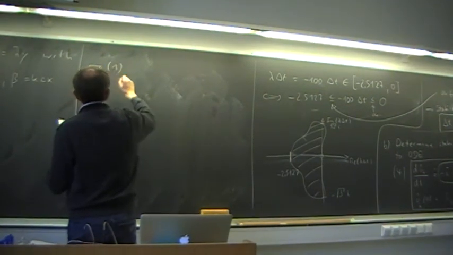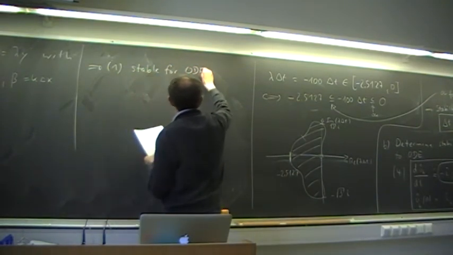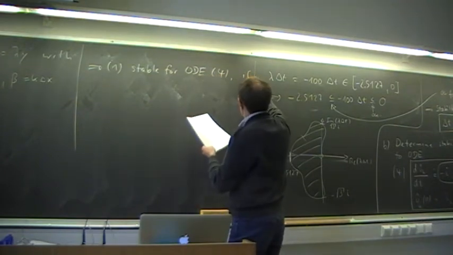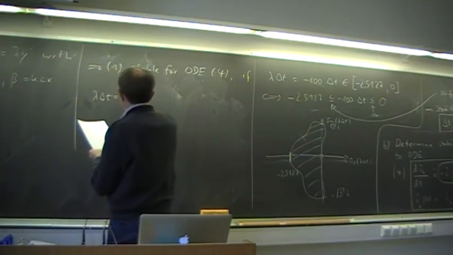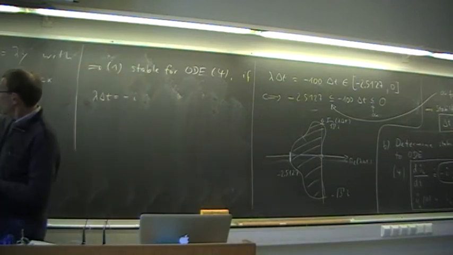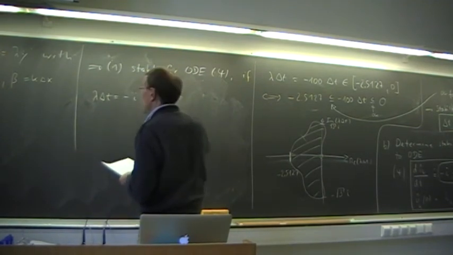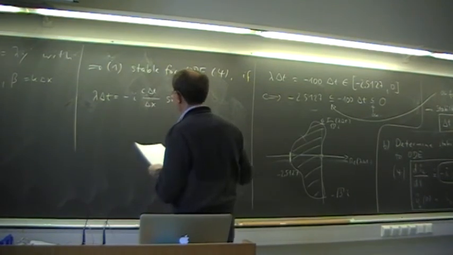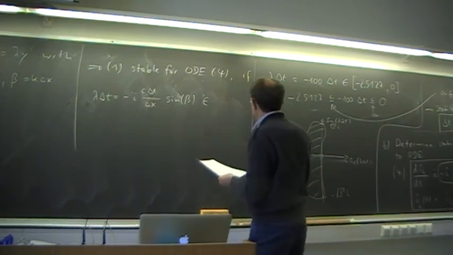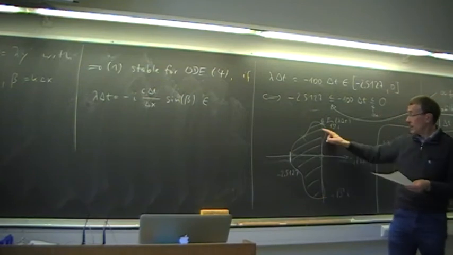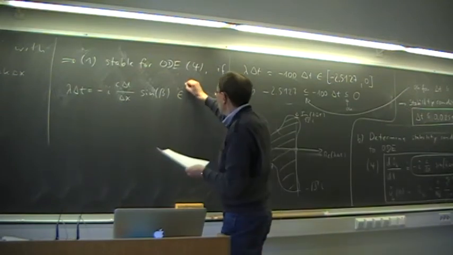So then the Runge-Kutta method is stable for this ODE if the lambda delta t is equal to minus I. Now we multiply this by delta t, we take it in here, delta t divided by delta x sine of theta, is inside the stability domain, and that will be in this case from minus to plus square root of 3 times I. So that will be the interval that is relevant to us.